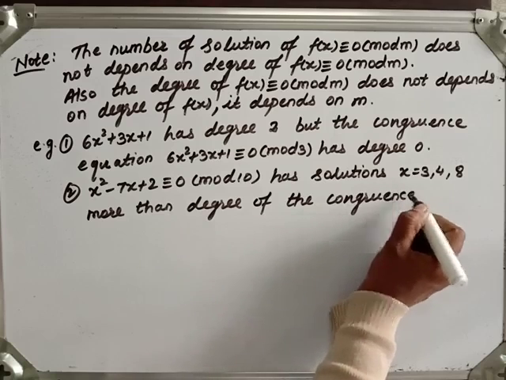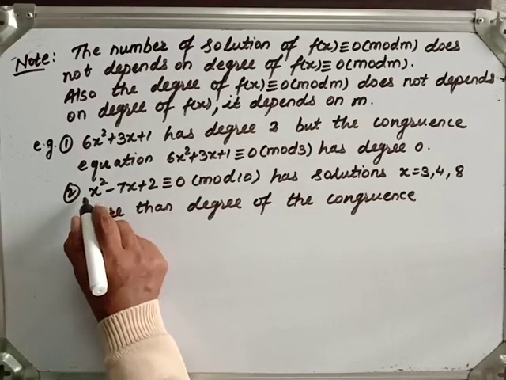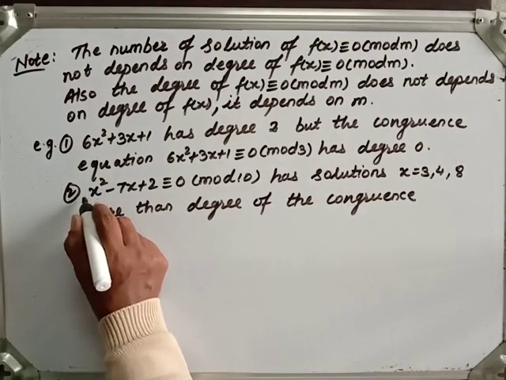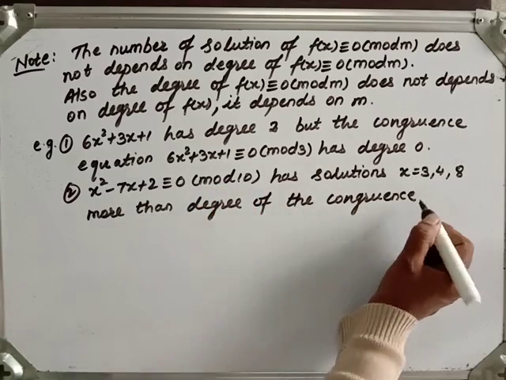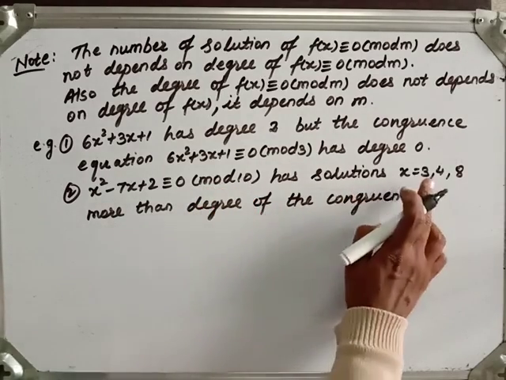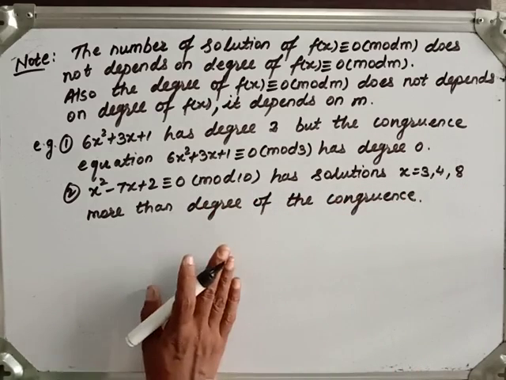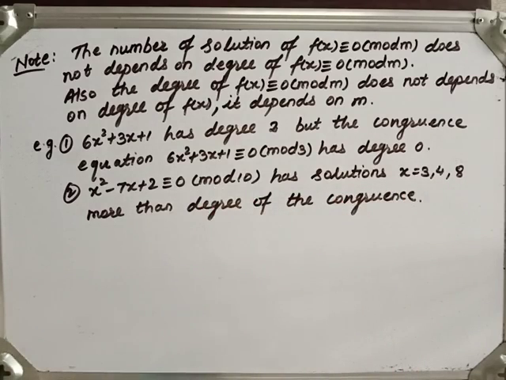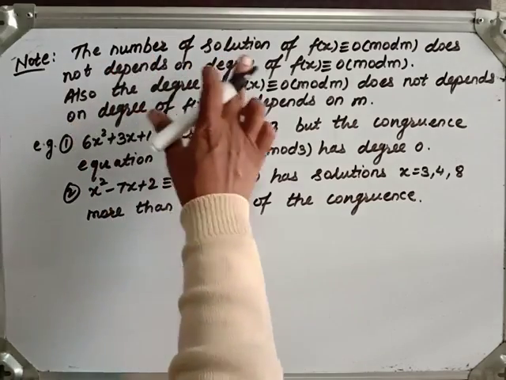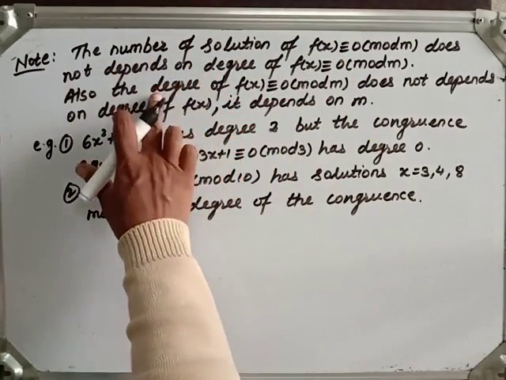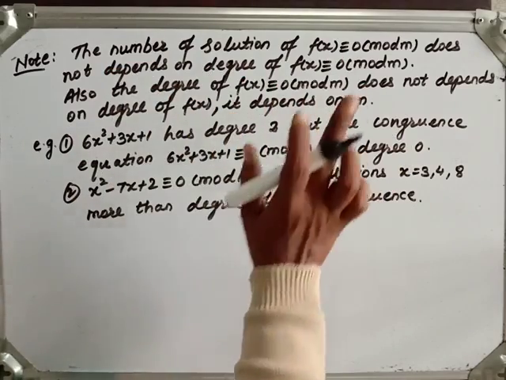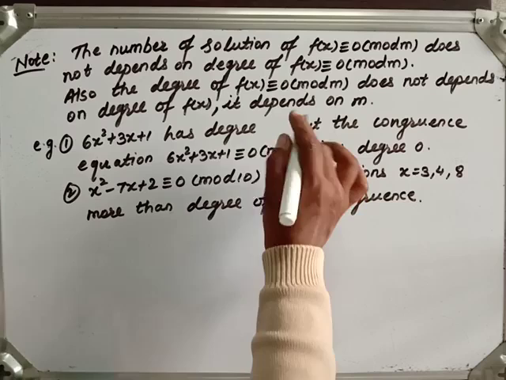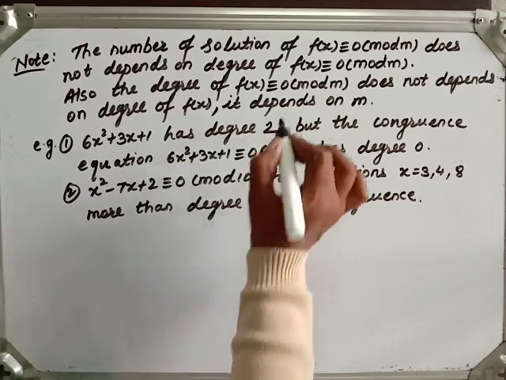Now the degree of this congruence equation is 2, as 1 is the coefficient of x square here and 1 is not congruent to 0 modulo 10. So the degree will be 2, but the solutions are 3 in number. So they are more in number. So the number of solutions doesn't depend on the degree, and the degree doesn't depend on f of x, while it depends on the value of m.